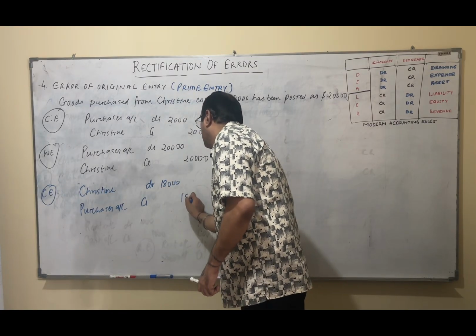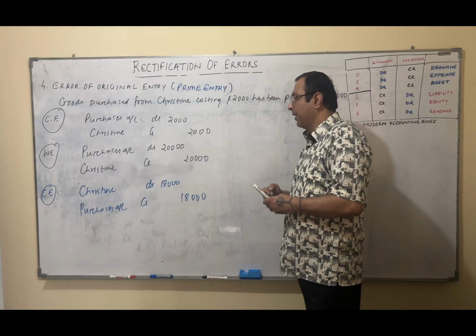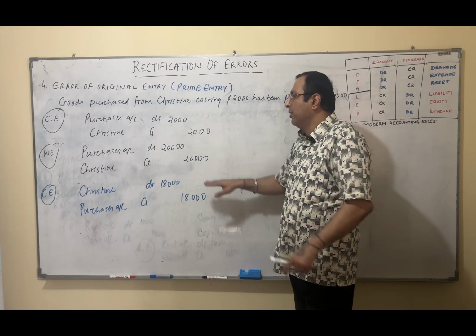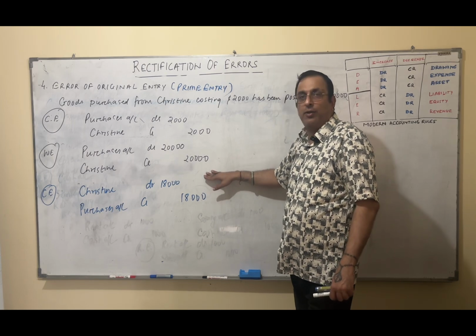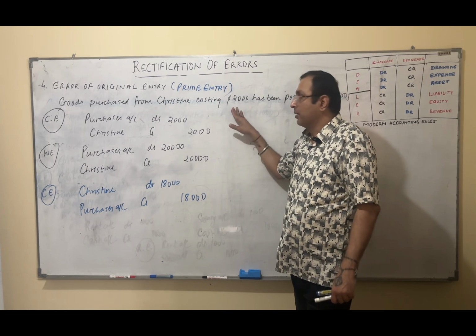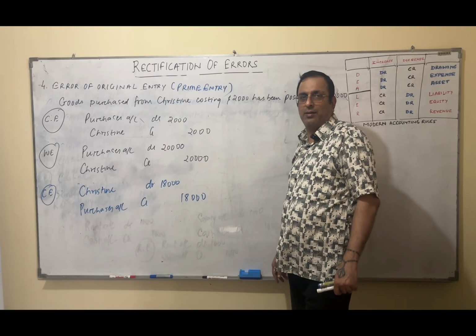If I subtract 2000 from 20,000, I get 18,000. So I have reversed the correct entry with the difference amount. This is how I will do it when I overstate, that is, write the amount more than actual. Right, guys, I hope it's clear.